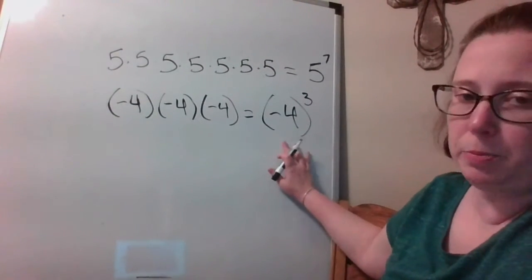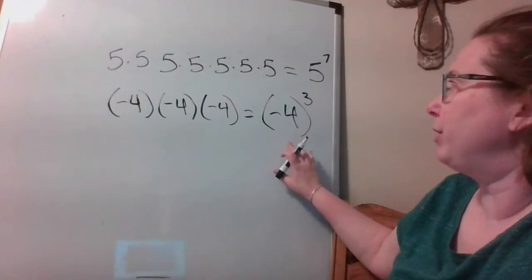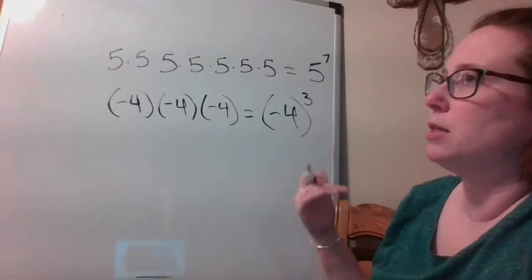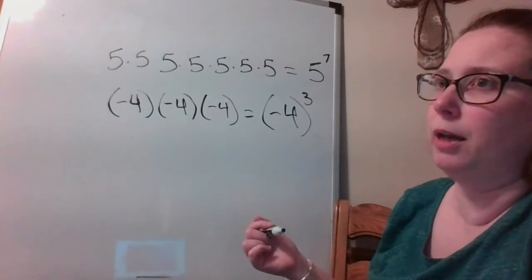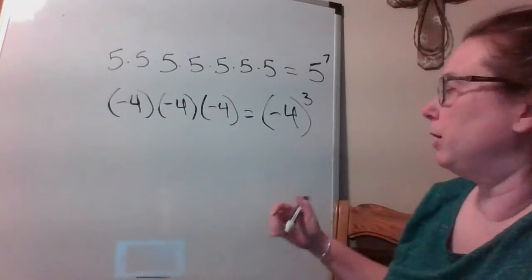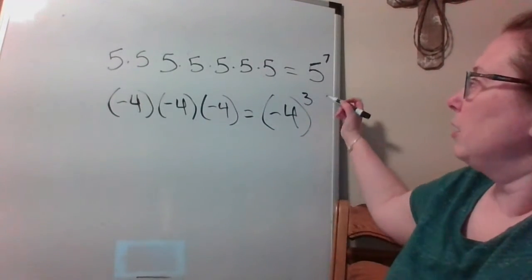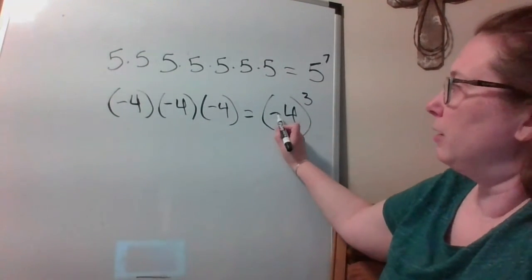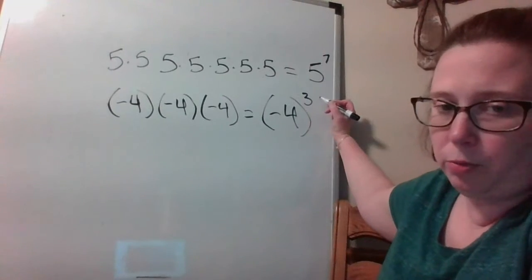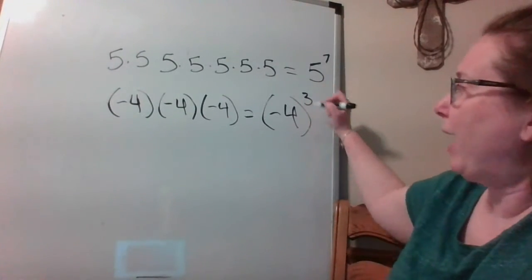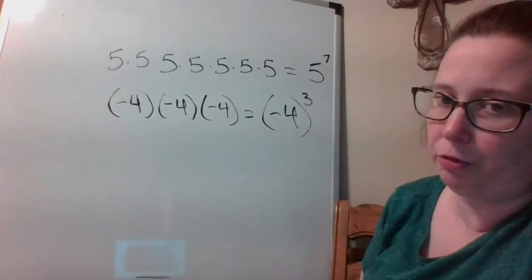The reason that these parentheses are so very important is that when you have a negative with an exponent, so we have our base number being a negative, in order for that negative to be included with our exponent, you have to have parentheses around the -4.